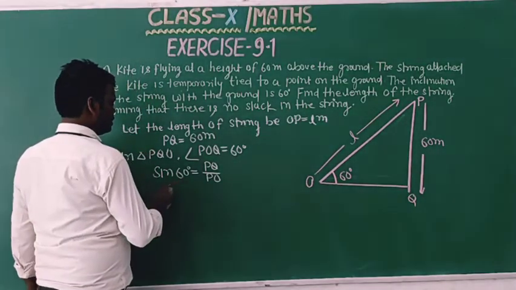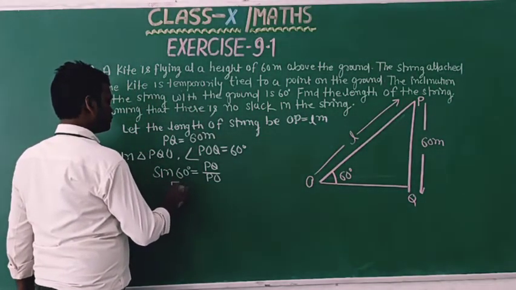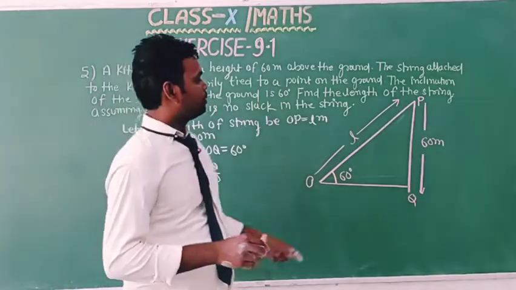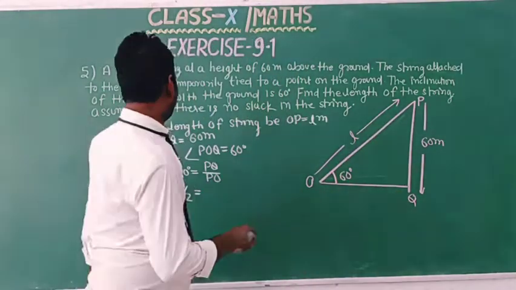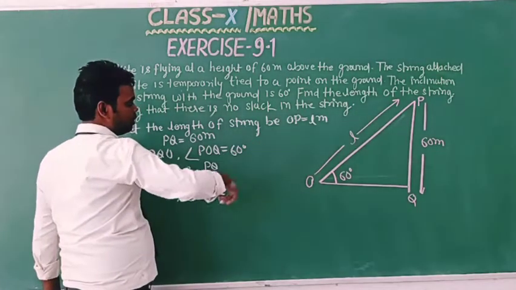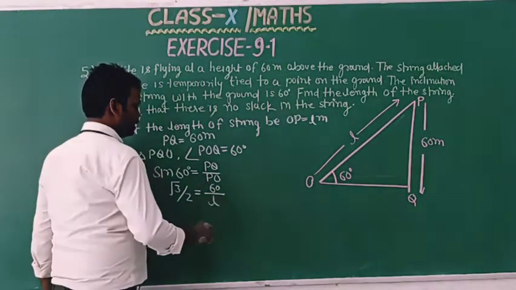The value of sine 60 is root 3 by 2 equal to 60 upon L.